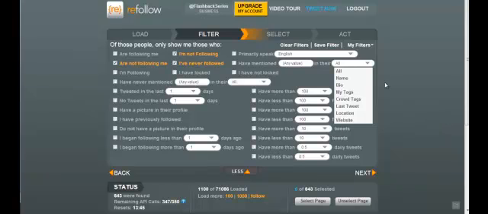You can even target people who have more than 100 friends, less than 100 friends, so you can target people that are active. I usually put this one as well, which is tweeted in the last 1 day, so that shows that they're active, and usually people that have a profile, because that means that they're actually going to spend some time on Twitter.